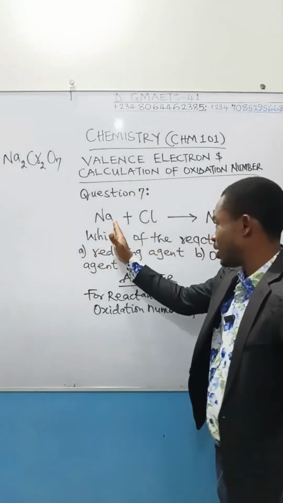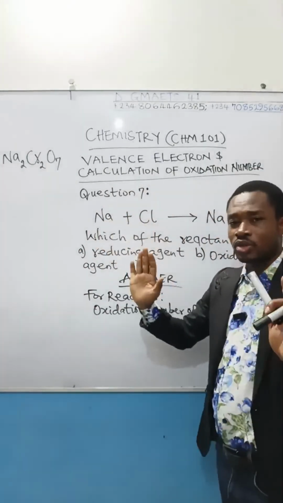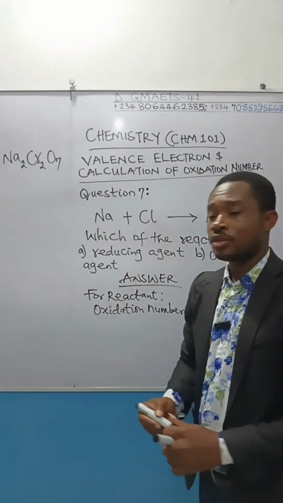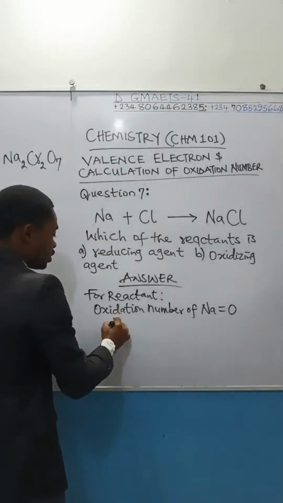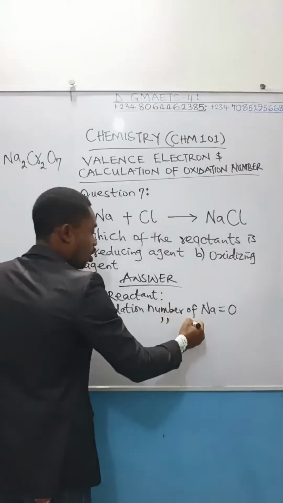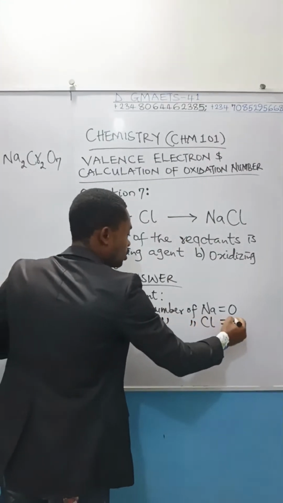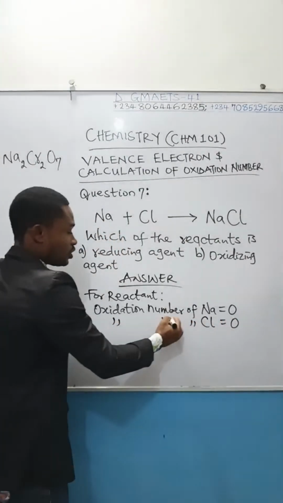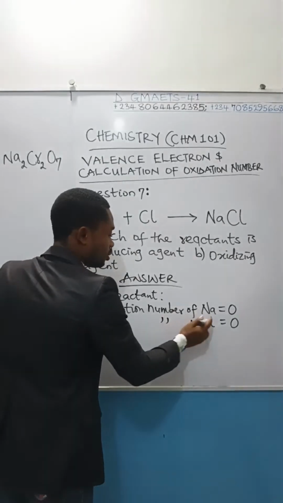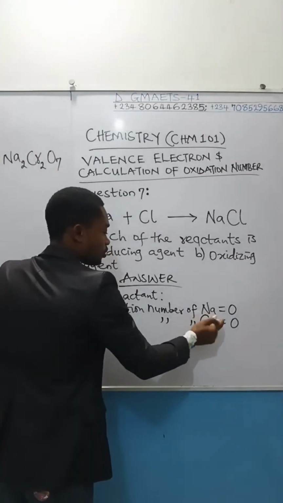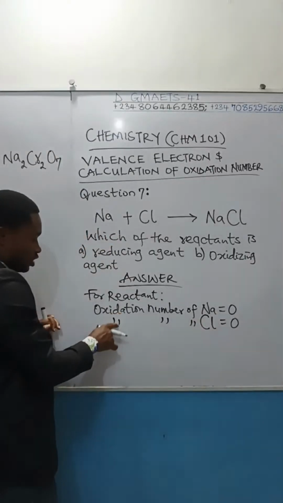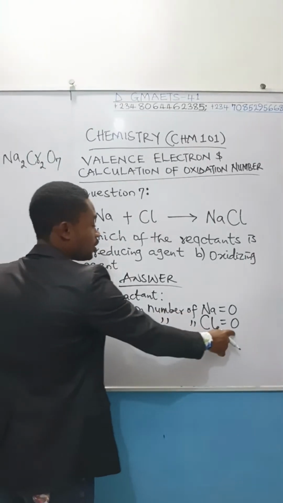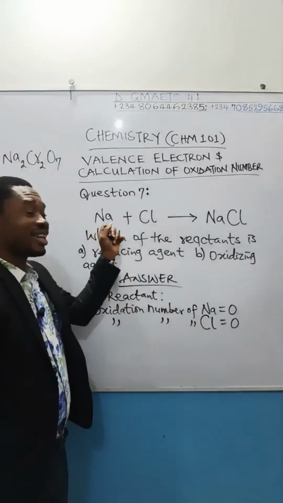If I just give you an element like this, sodium on its own, the oxidation number is 0. The same thing, the oxidation number of chlorine is also 0. That is for the reactant.